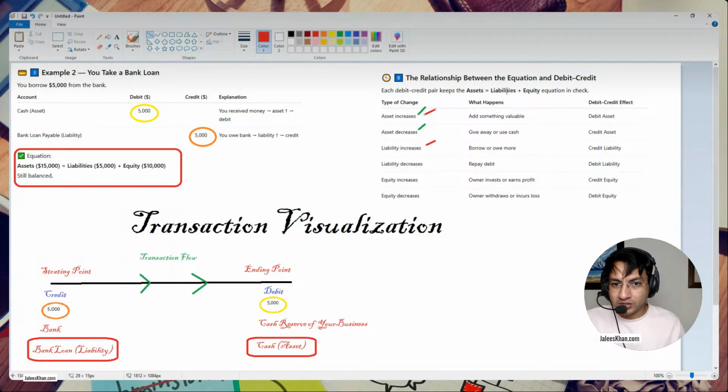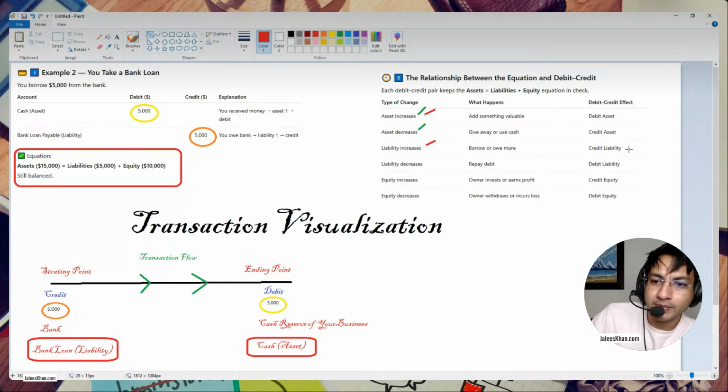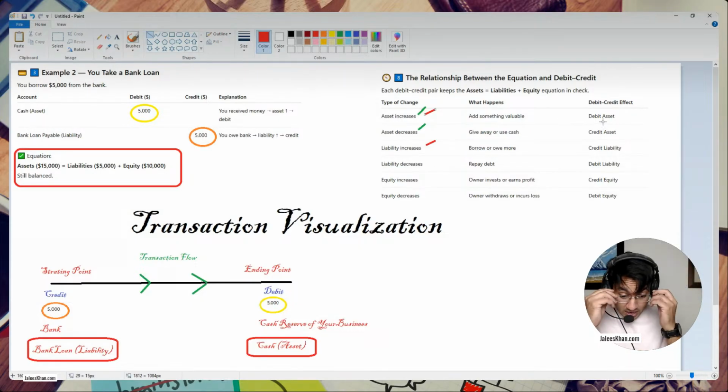Liability is the starting point of the transaction, that's why it comes under the credit. The ending point of the transaction is the asset, because eventually it is landing in the asset of the business. That's why the asset is increasing.